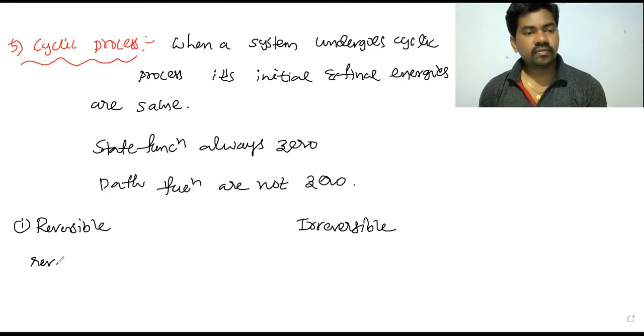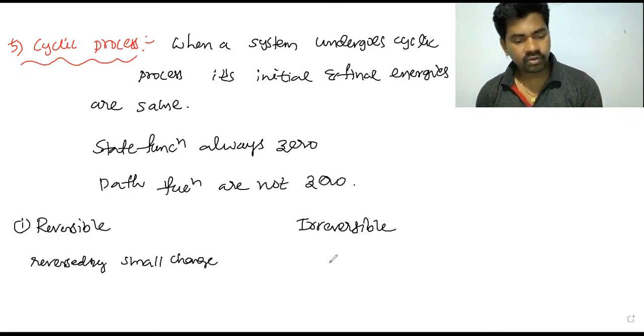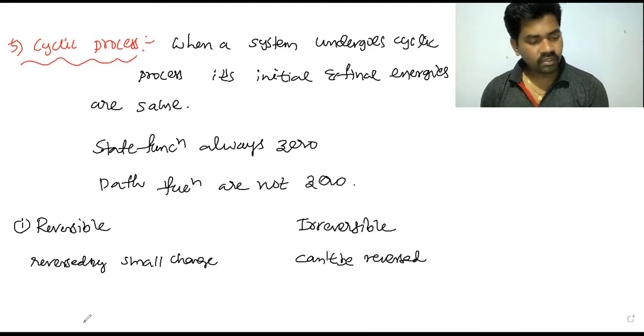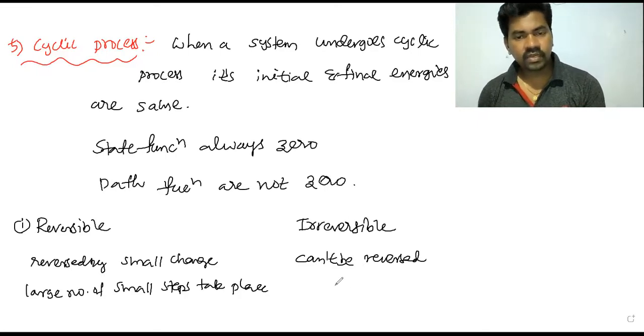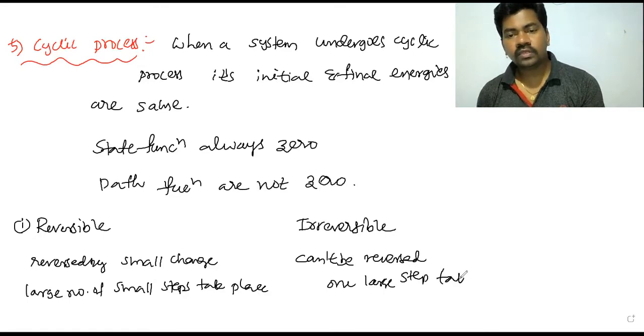An irreversible process cannot be reversed; in a reversible process a large number of small steps take place, whereas here one large step takes place.